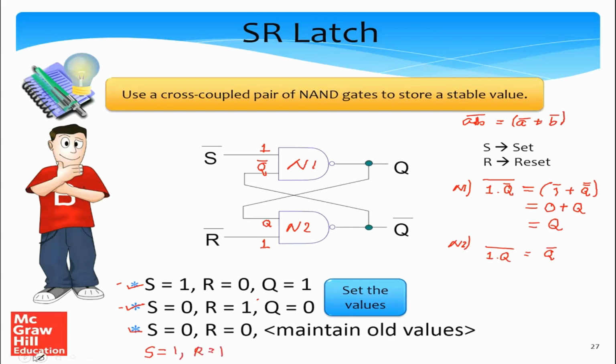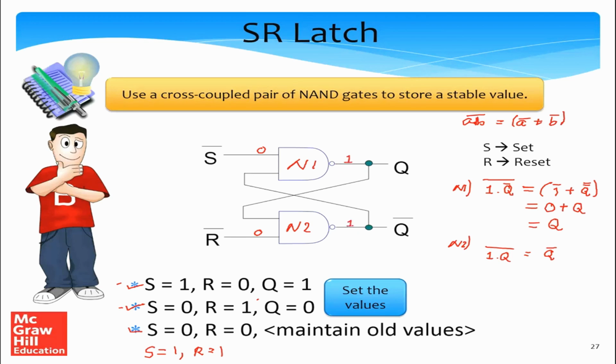Well, so let's take a look at this. This is somewhat a tricky case, and this is a typical question that is asked in exams. So if we set S as 1 and R as 1, so S complement will be equal to 0 and R complement will be equal to 0. So the moment 0 is one of the inputs of the NAND gate, the output is equal to 1.